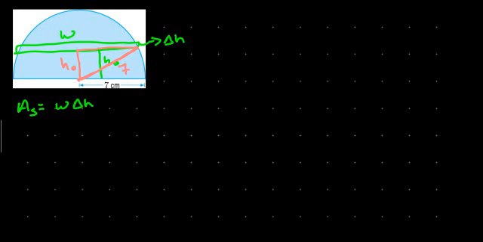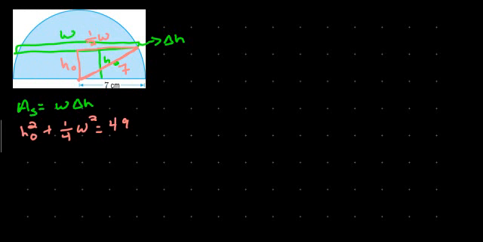I know this side is 1/2 w, w over 2. So now we can use the Pythagorean Theorem and get w in terms of h. So what do we have? h0 squared plus 1/4 w squared equals 49.